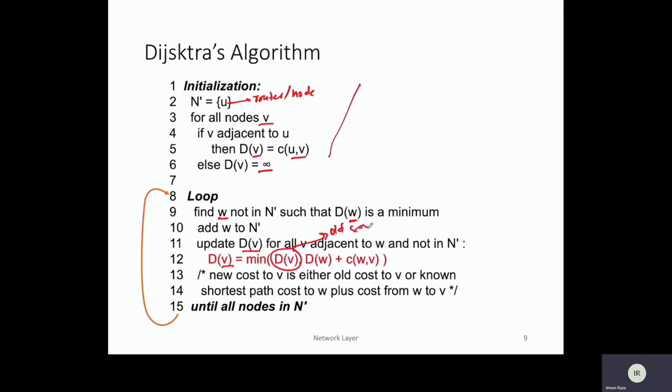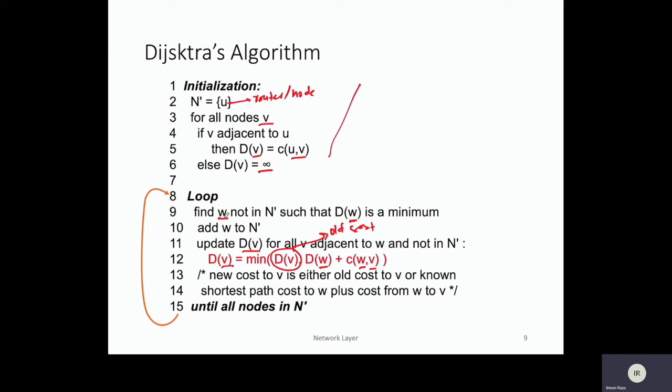It's the old cost, whichever is the minimum, or it's the cost to reach the node that we have just added into N plus the cost to reach from U to destination V, right? So either it's the old cost or it's the cost by adding the cost to reach the newly added node W and the cost to reach from W to destination V. So whichever is the minimum, we will select it and update the cost to reach destination V, and we'll keep doing this.